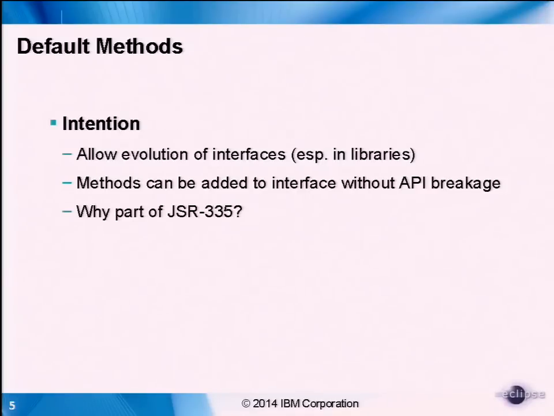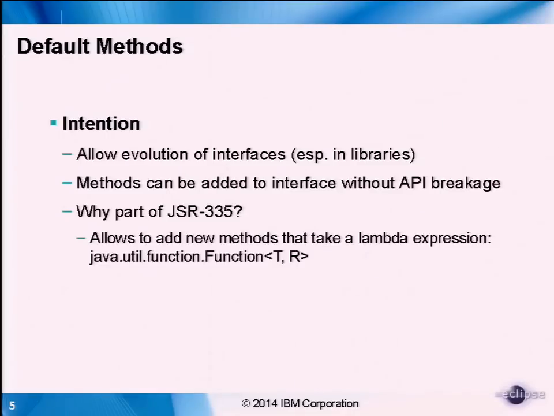So my question for you, why is it part of JSR 335? Why is this part of this specification? Does anyone know? No? Okay, so of course, if you introduce something big like lambdas and you have this new construct, you want to be able to also rework your frameworks. For example, a good thing is the collection framework.